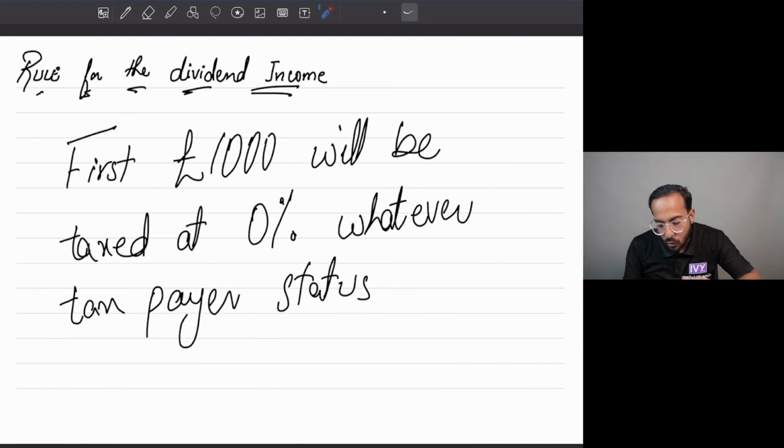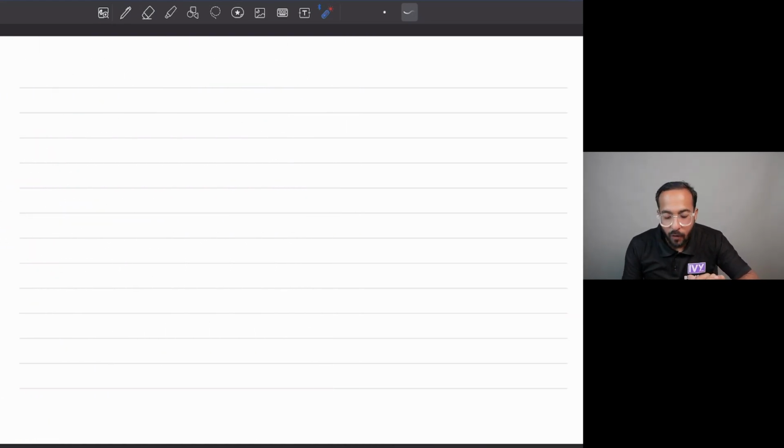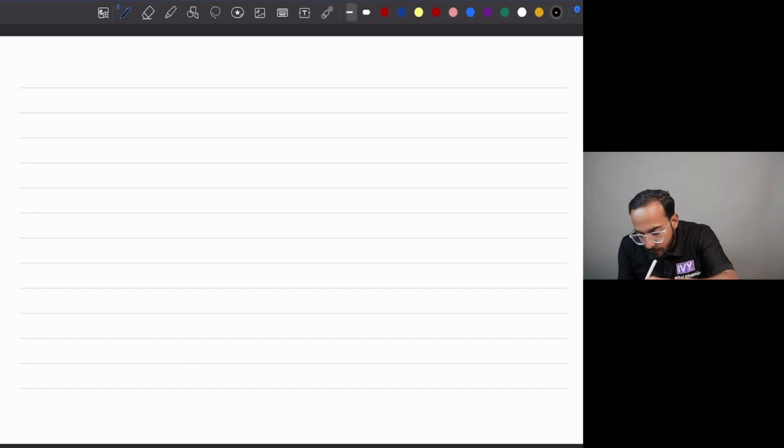Now, the last rule of the saving income, for which I need to make another example for you guys, a bit trickier one, please focus on it.